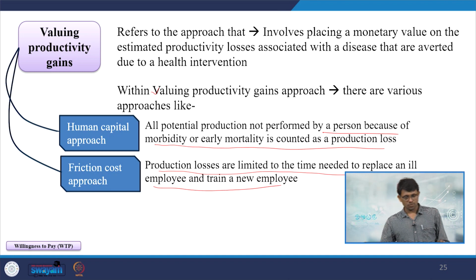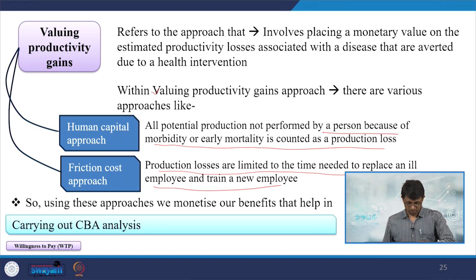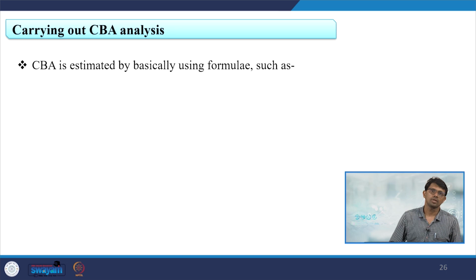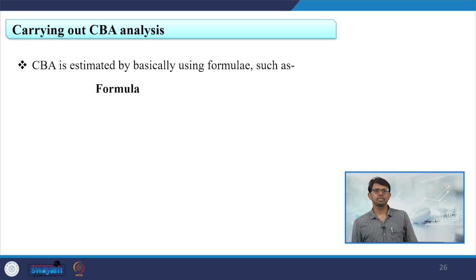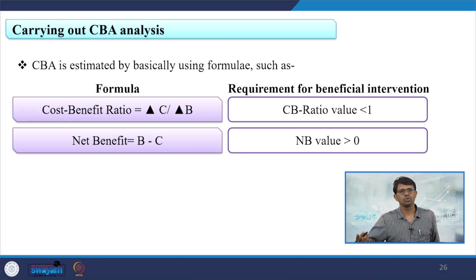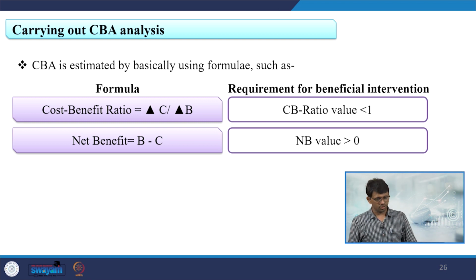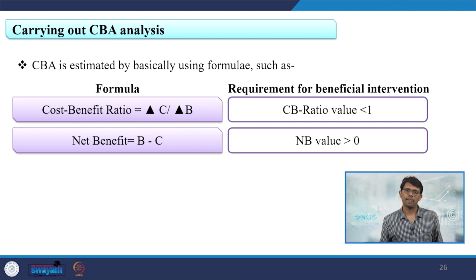Okay. So, that is basically the valuing productivity gains evaluation. Using these approaches we monetize our benefits, which helps in carrying out CBA analysis. CBA is estimated using formulas such as the cost benefit ratio and net benefit. In case of the cost benefit ratio, we usually take delta C by delta B, and for a beneficial intervention, the CB ratio value should be less than 1.